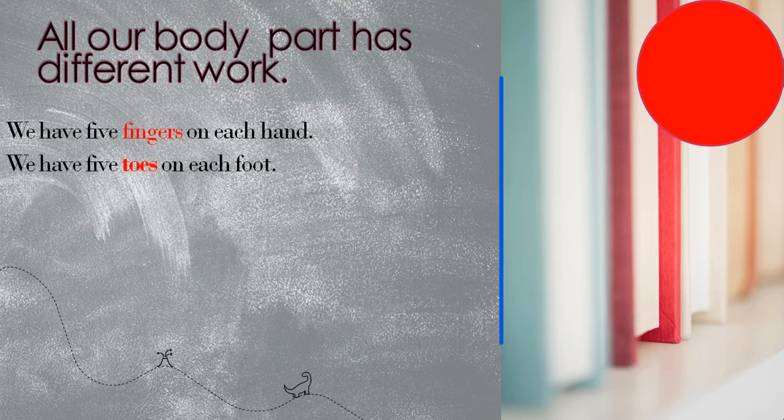It was written 5 fingers in hand, but it should be on each hand. So 5 fingers we have on each hand and 5 toes on each foot. So altogether there are 10 fingers and 10 toes. Now let's go.